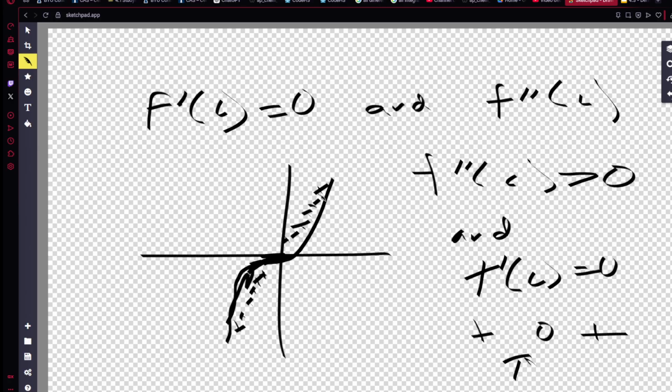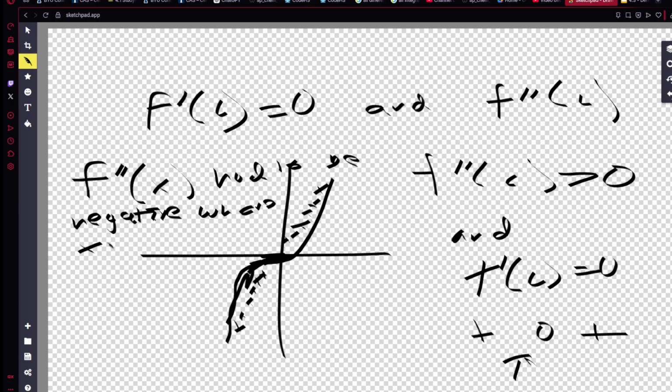The logic is that f double prime of c can't change directions, because for it to go from positive to 0, that would indicate that f double prime of x had to be negative where x is near c.